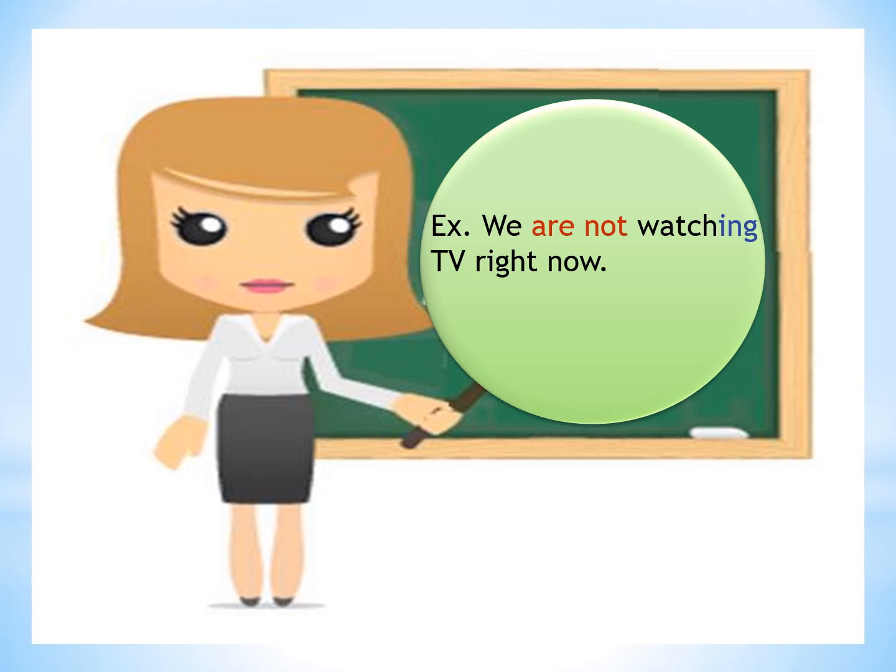As you can see, it's in the present simple tense, and watching is in the present participle. Another example here is when we say he is not playing now. Same thing here. Verb to be in the present with not attached to it, and then playing, the main verb in the present participle.